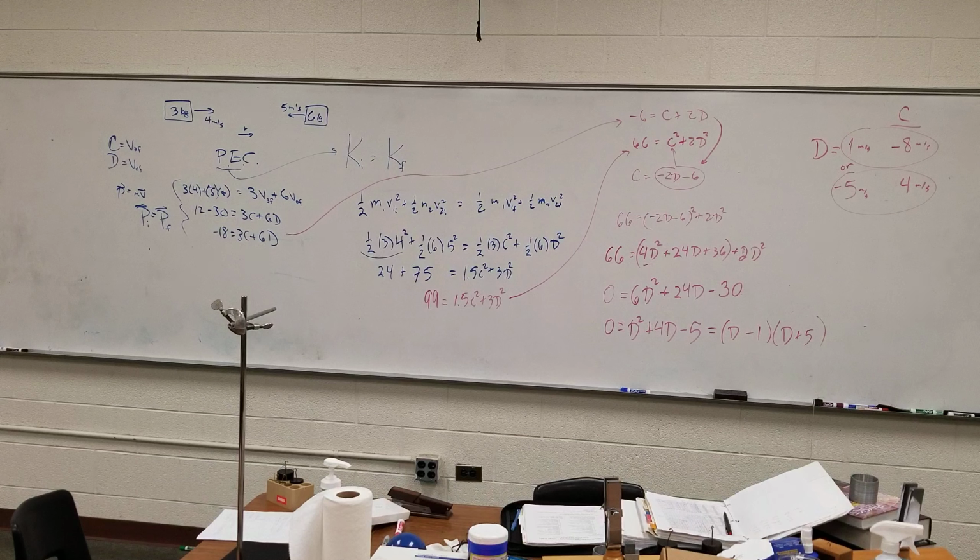Let's see if anyone else notices what one of those solutions is. There was a solution we're going to reject, and it might appear to some of you as to why. Awkwardly worded, but there it is. This is after the collision, right? Yes, it is. Final velocity. And this is perfectly elastic.